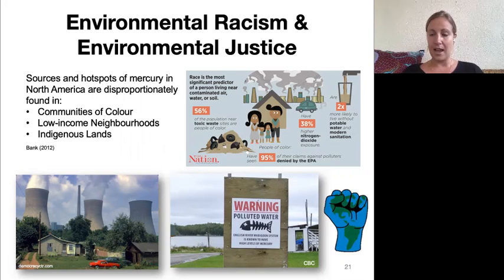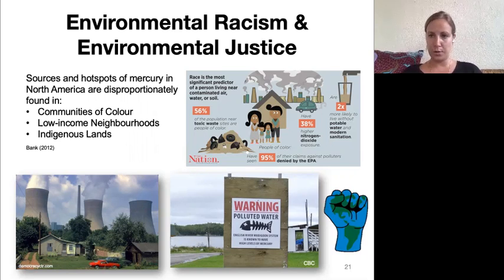The vulnerability is heightened because sources and hotspots of mercury are found disproportionately in areas near communities of color, low-income and immigrant communities, and Indigenous people. Mercury has impacted the health, the culture, and the identity of local communities. Such communities are victims of environmental injustice because they have derived little or no benefit from the products and services of mercury-releasing industries, but they now bear the burden of the wastes that are left behind.